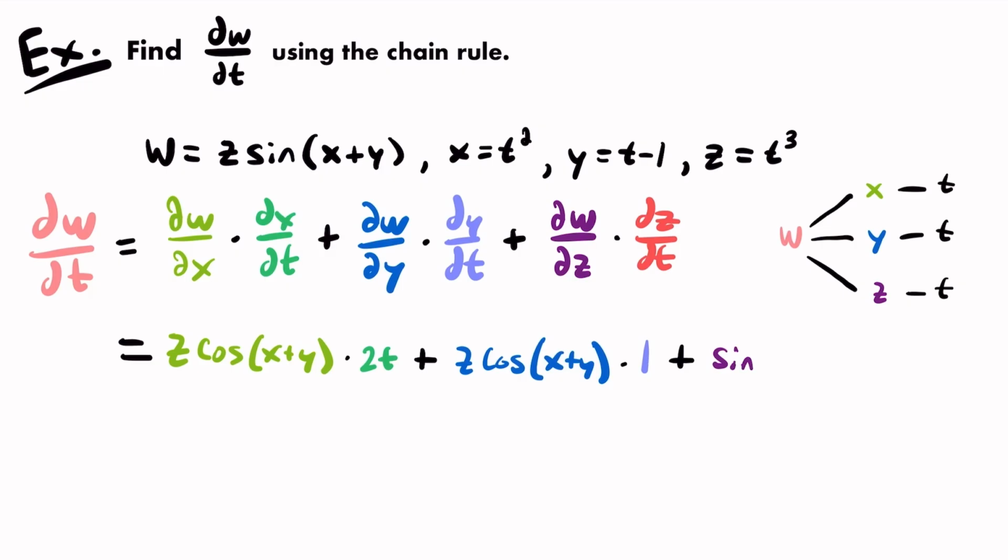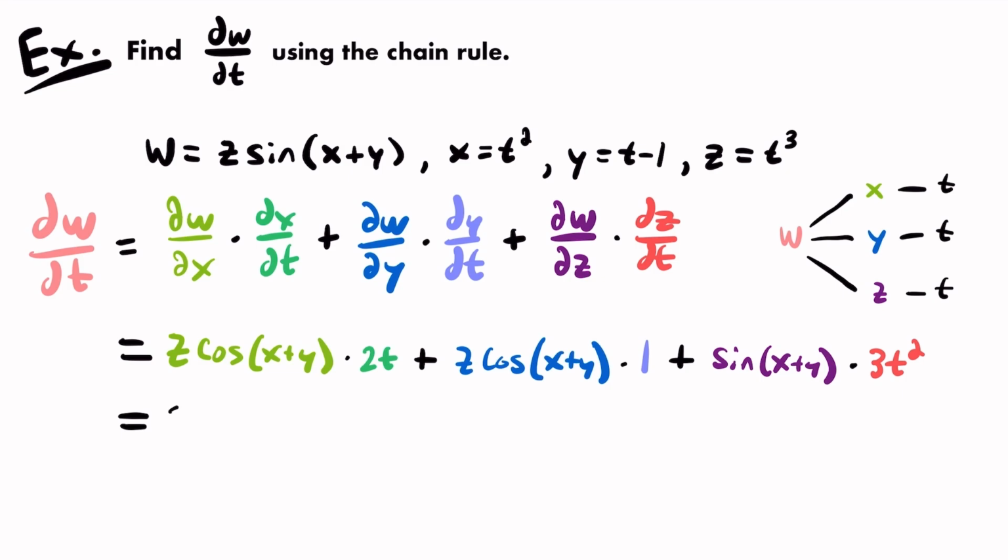So we get sine of x plus y, and then that will be multiplied by the derivative of z with respect to t. And if you look at z here, z is equal to t cubed, so taking the derivative of that using the power rule, we get 3t squared. Okay, and so then all there's left to do is simplify. And there's really not much simplifying to do, just maybe some reordering of multiplication of different parts.